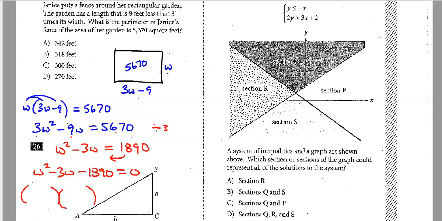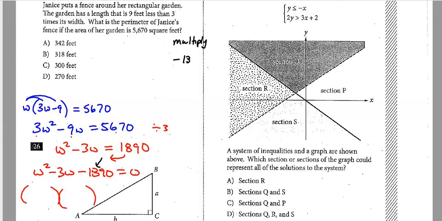I do know that I need to multiply to make negative 1890. This is how factoring works. Then I need to add to make negative 3. So I need two numbers that add to make negative 3 and multiply to make negative 1890.